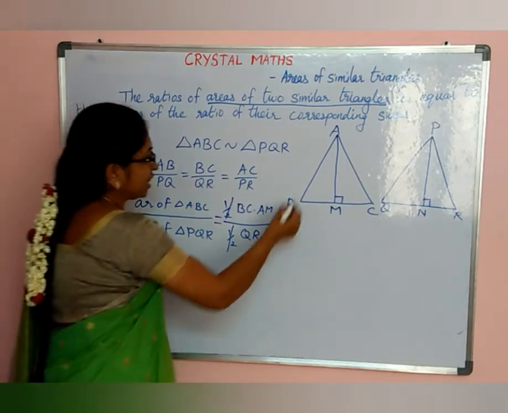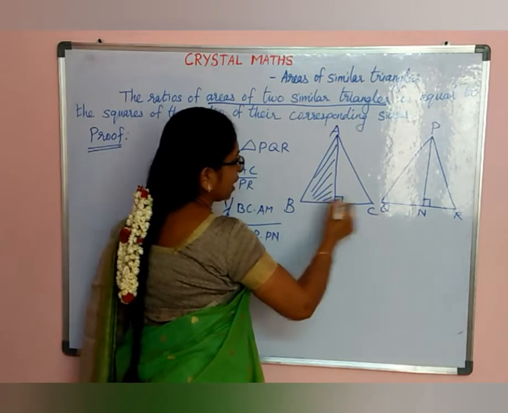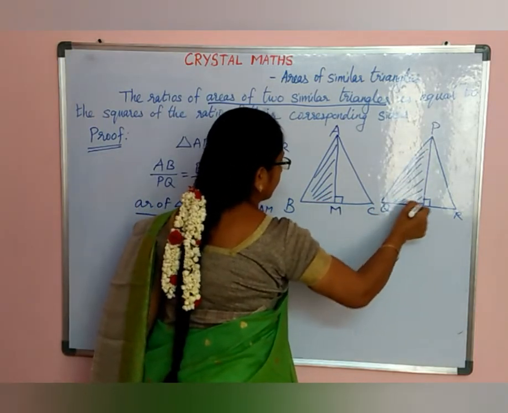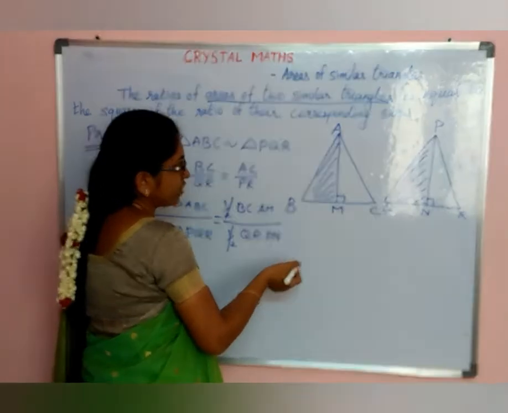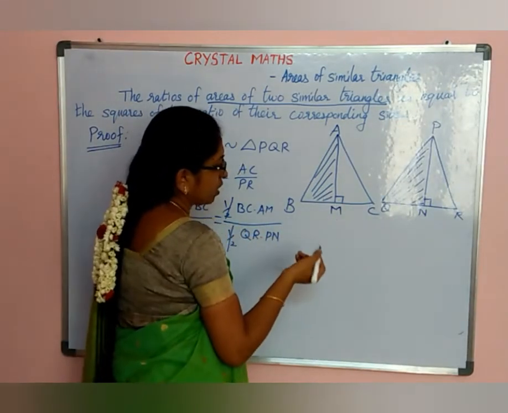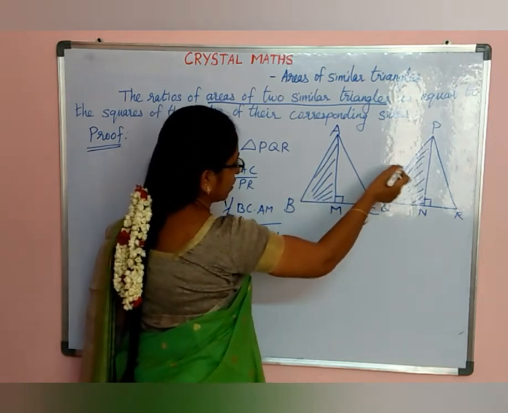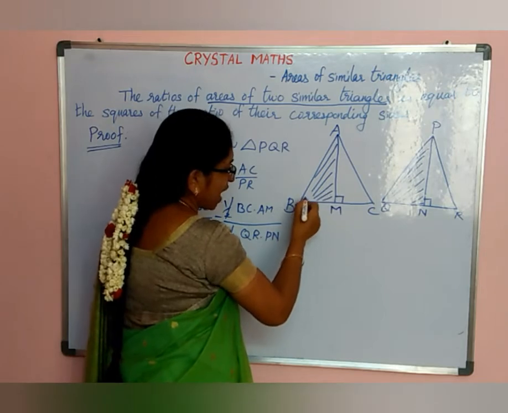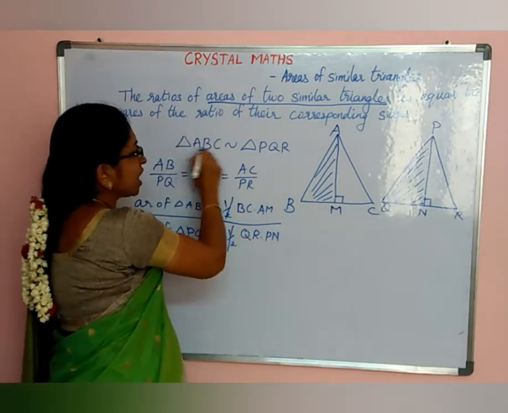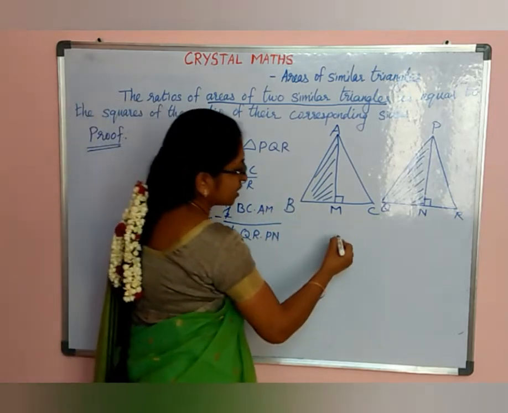Now, take this triangle and this triangle. If we observe these two, AB and PQ are in the same proportion. As well, angle B and angle Q are equal, because when two triangles are similar, the corresponding angles are equal.